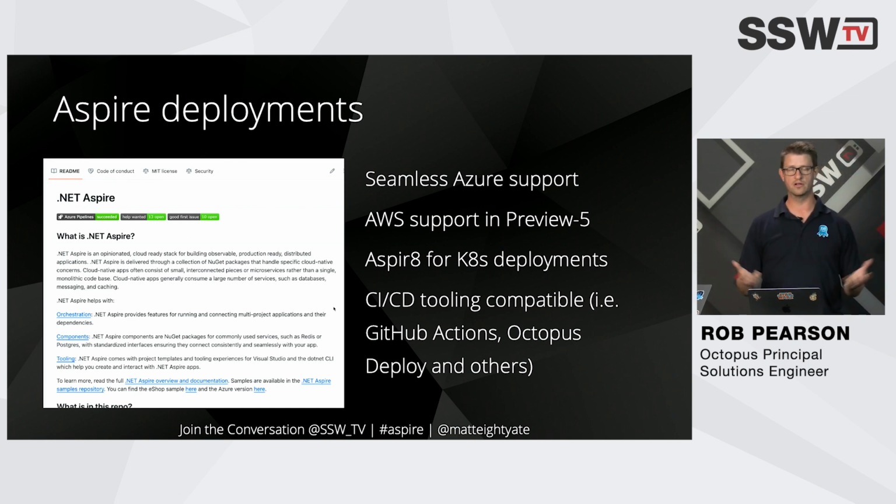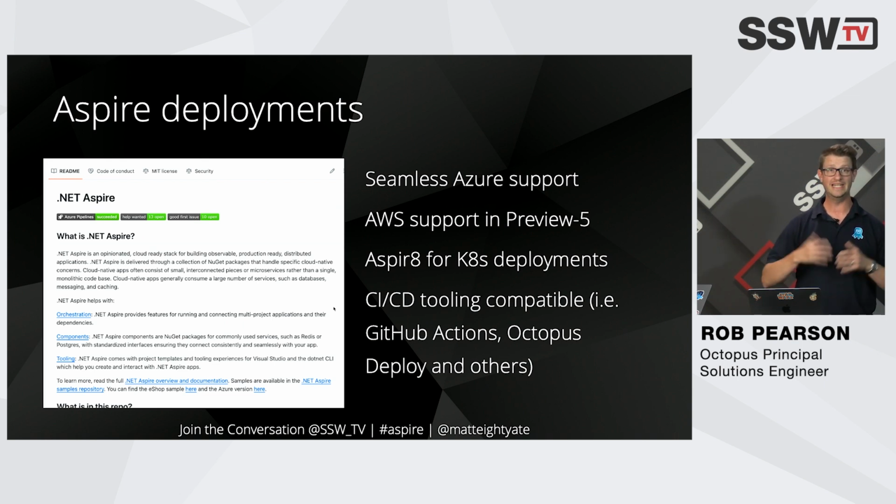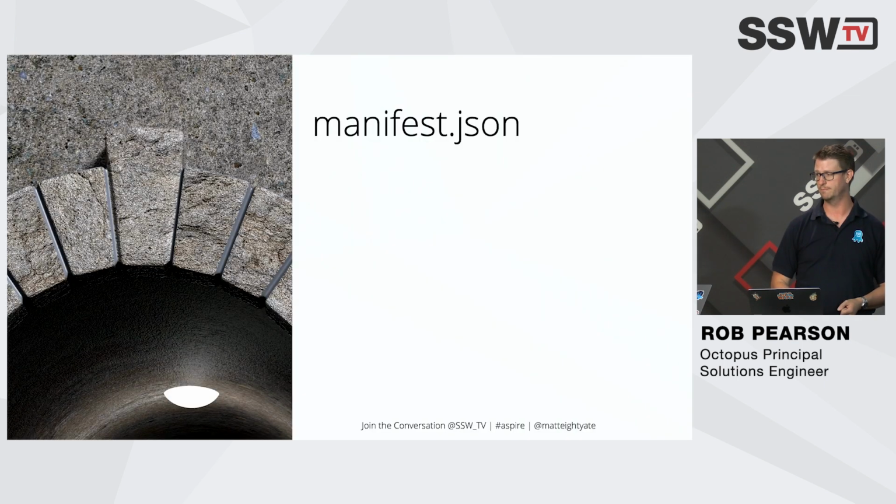It's not like the old days where if you saw a Microsoft demo, you right-click deploy from your local machine to production, and typically that's a very bad thing. So if you're using GitHub Actions, Azure DevOps, TeamCity, your tool of choice, Octopus, you can play nice with them.